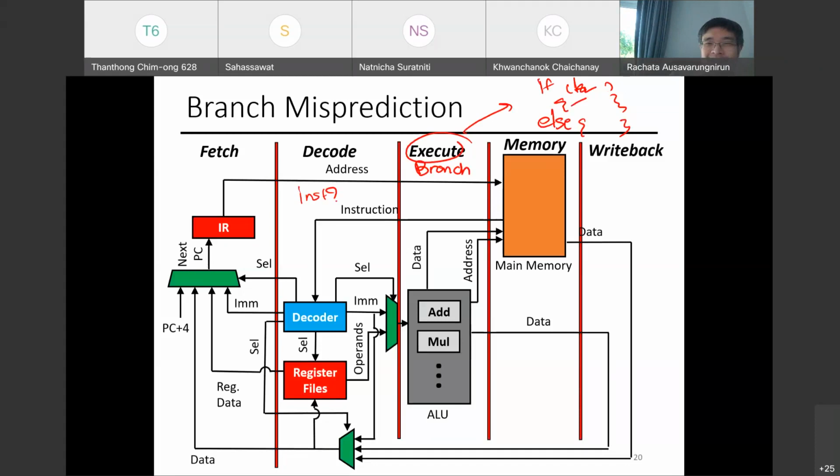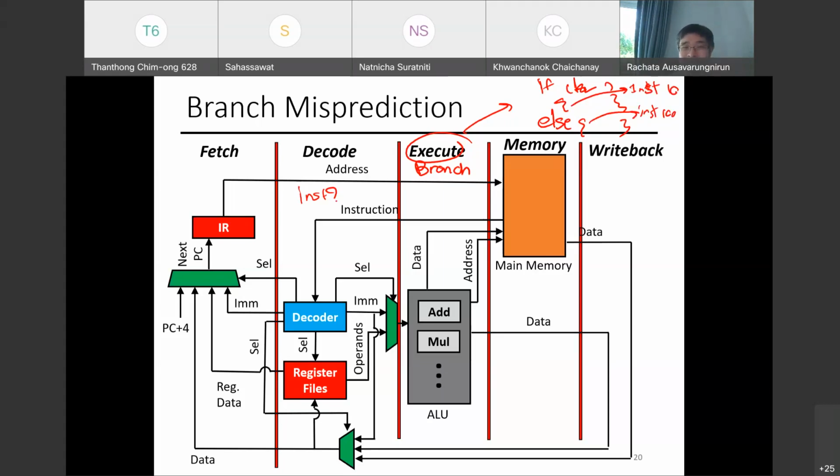So let's say this line is instruction 10, and this line is instruction 100. And I'm trying to figure out the result of an if else. What is my next line? Now you have a choice, right? Between instruction 10 and instruction 100. Are you all with me?